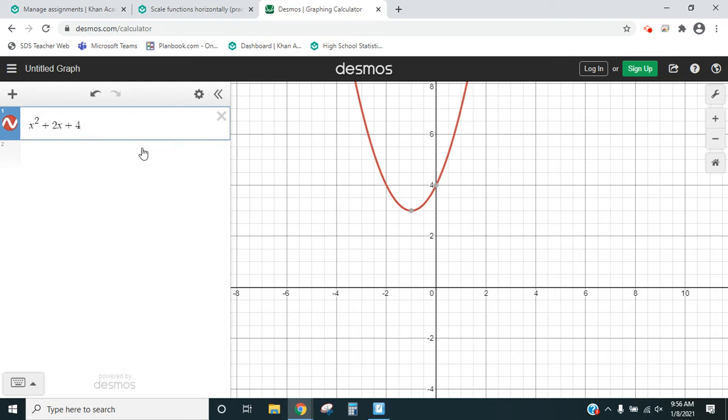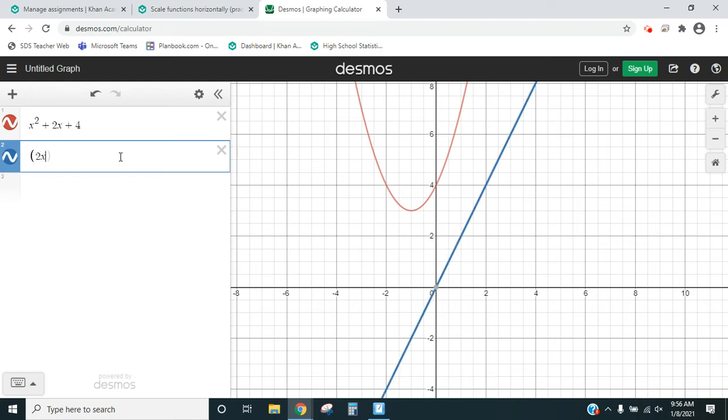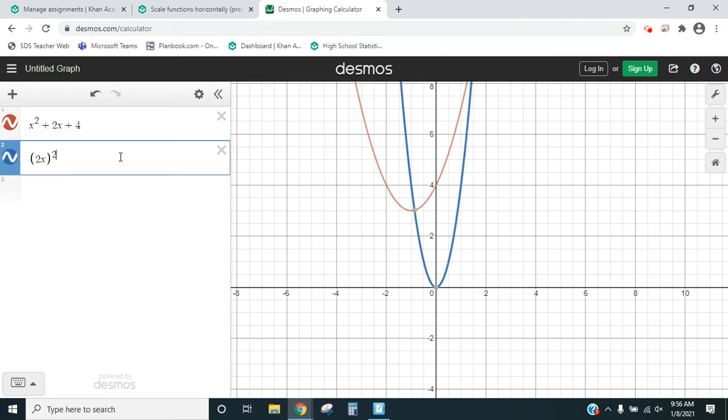Now, watch what happens if wherever there's an x in the equation, we're going to replace it, we're going to call it 2x, squared. We're going to leave everything else the same.